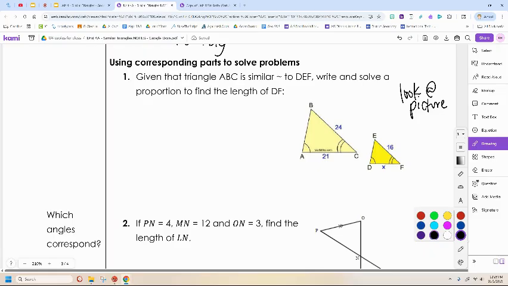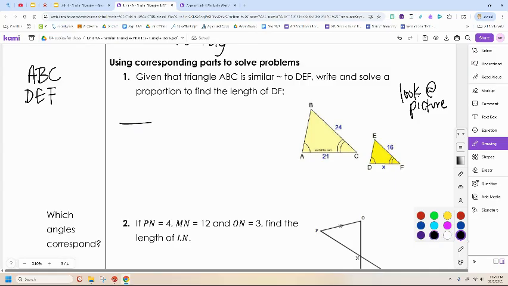Doesn't it just look like a translation has occurred? Do you guys agree? The angle on the left goes with the other angle on the left. It's really easy to see correspondence. So we don't necessarily have to do the A, B, C, D, E, F step, because it's pretty easy to see who corresponds with who. Do you agree? Okay, great.